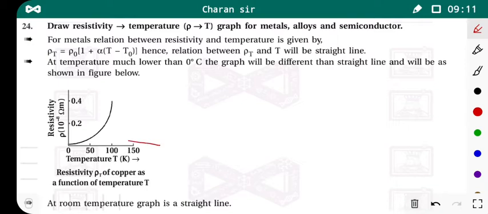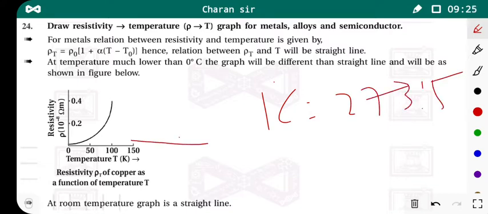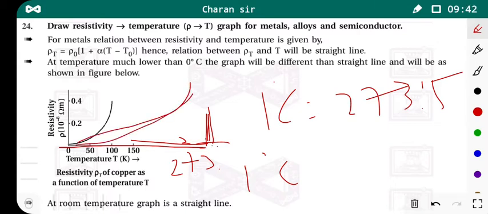At 1 degree Celsius you have nearly 273.15, somewhere here, 273 point something, and below this you have temperatures below 0 degree Celsius.